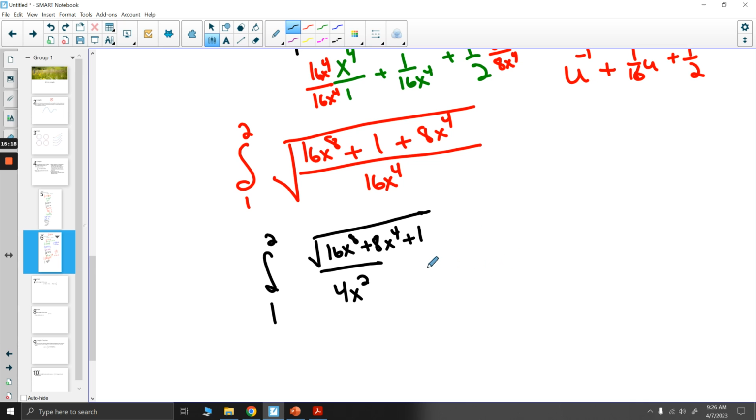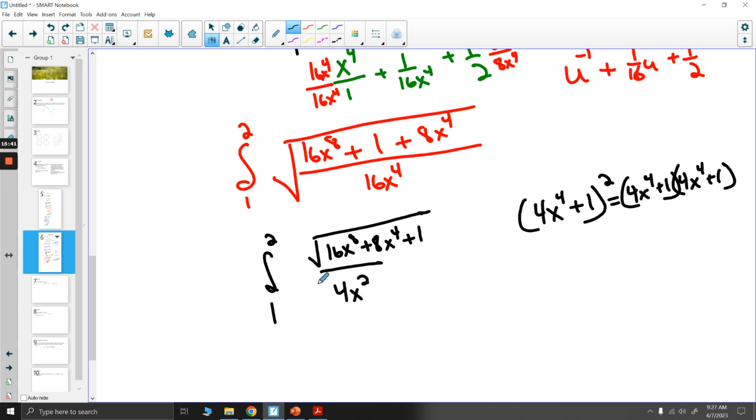Now, maybe this is a perfect square. Let's think about this: 4x to the fourth plus 1, squared. That would be 4x to the fourth plus 1 times 4x to the fourth plus 1.